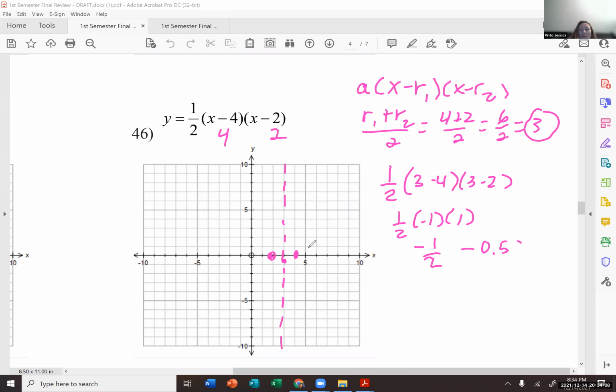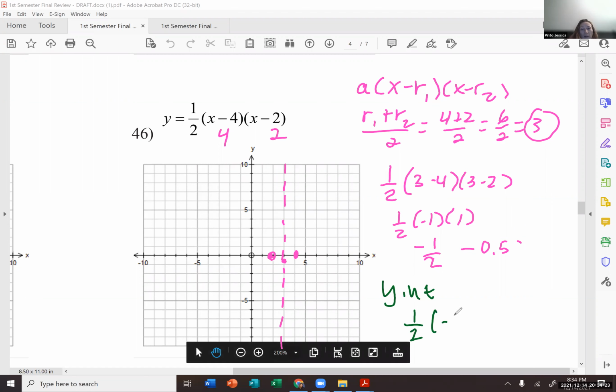I also want to find the y-intercept just to help me graph this better. For the y-intercept, I'm going to plug in 0. So that's (0 - 4)(0 - 2).